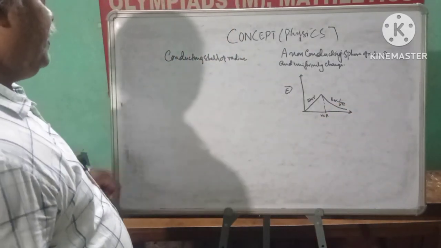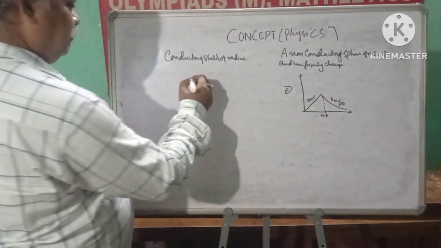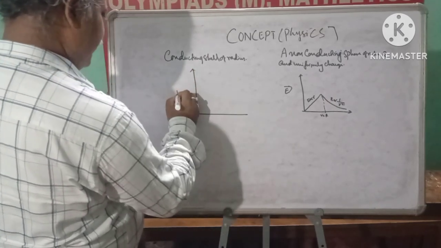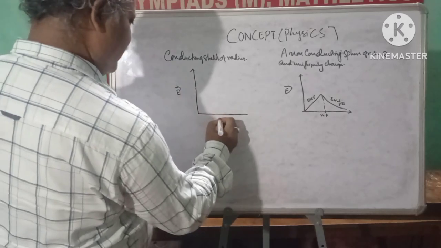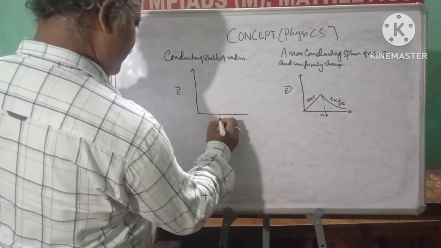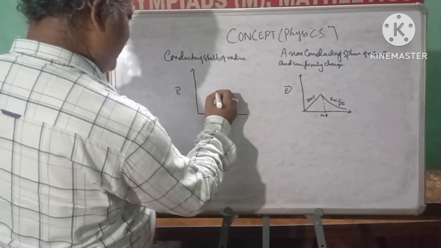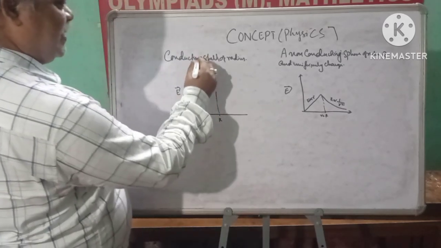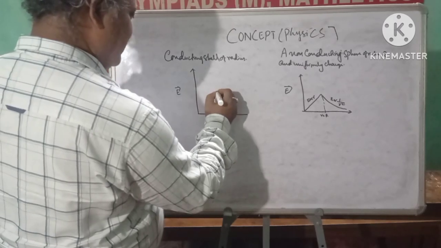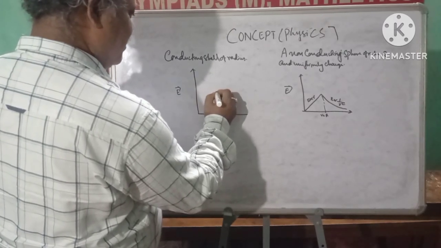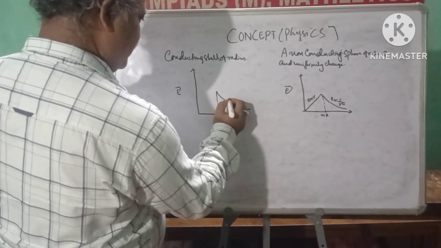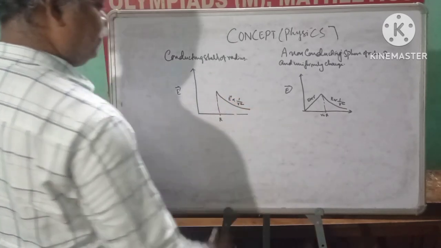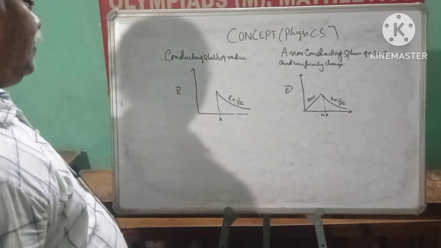But in case of a conducting hollow shell, here this is your electric field and this is your r. So there is no electric field inside the shell. Only outside the sphere there is an electric field, and it varies as 1 by r squared.